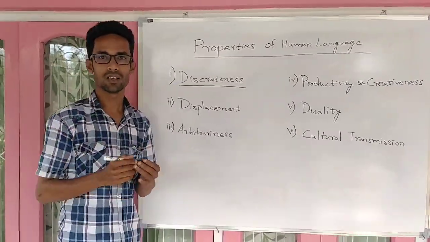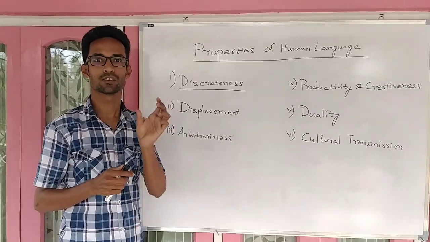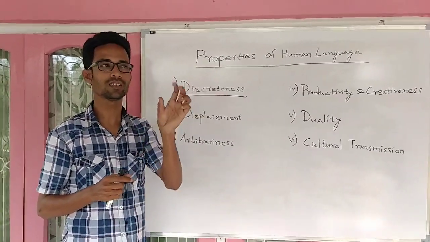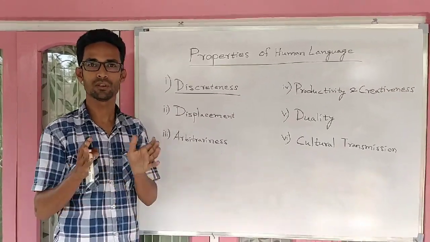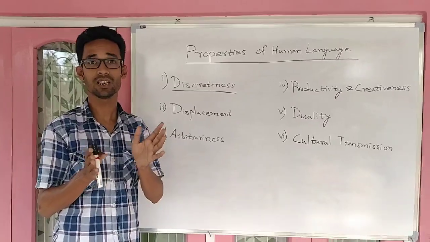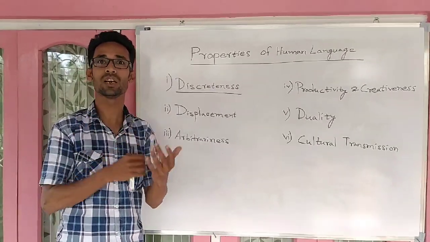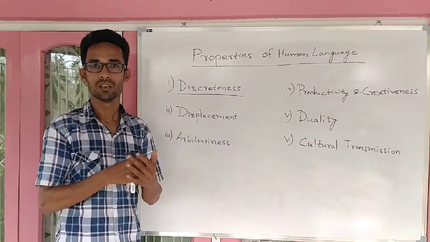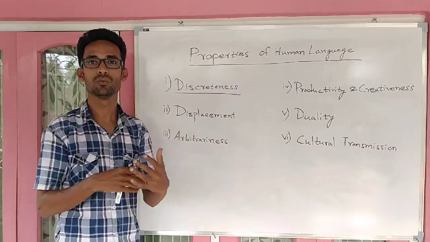Unlike animal languages, human language has an expression for each and every action. Like if you are feeling hungry, you can say I am hungry. If you are feeling happy, you can say you are happy. But a dog or a cat or a cow will not be able to do the same.